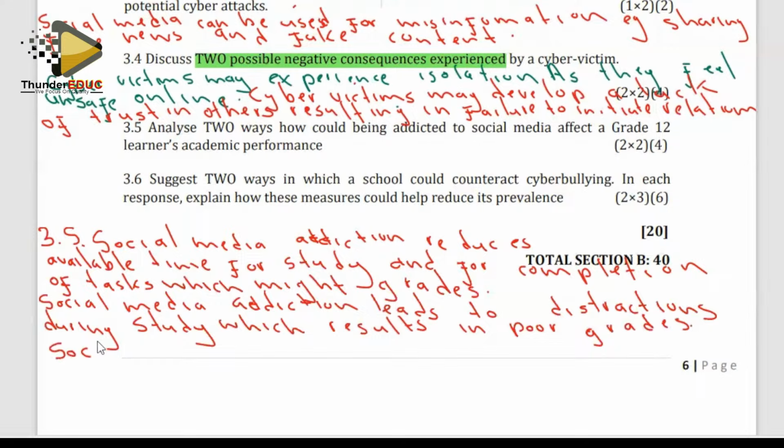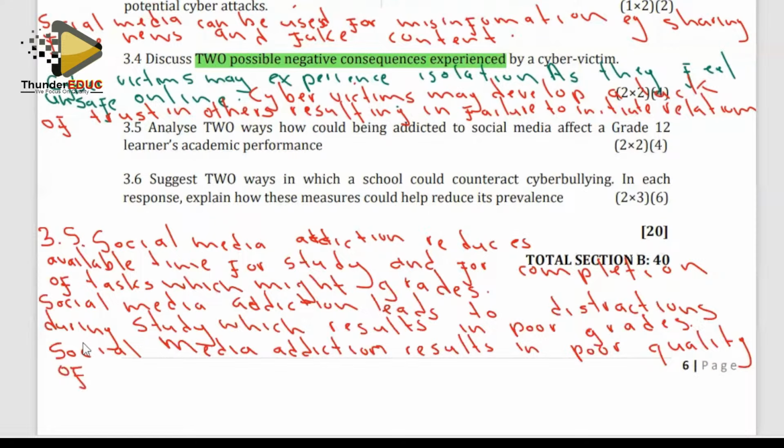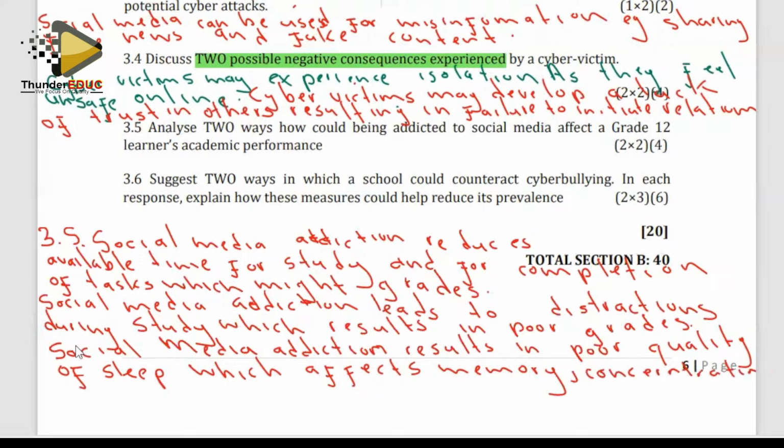Social media addiction also results in poor quality of sleep, which affects memory, concentration span, and eventually performance. So all these are effects of social media addiction.